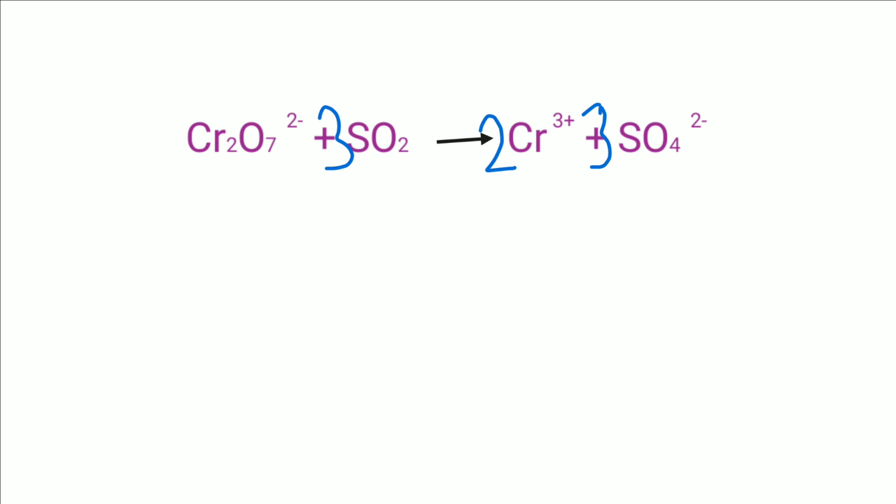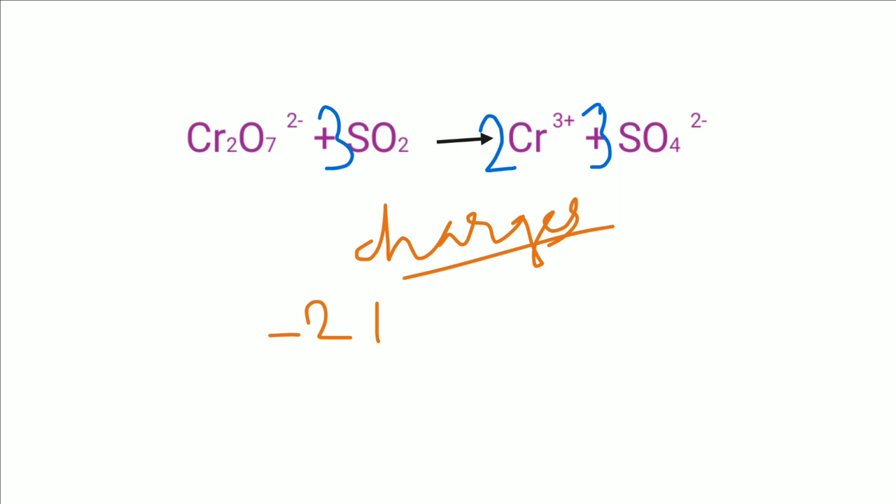Now we can check the charges of the ions in the equation. Dichromate ion, its charge is minus 2. Plus sulfur dioxide, a neutral compound, there's no charge. Then on the right hand side, chromium ions, 2 times 3 plus, that is plus 6.